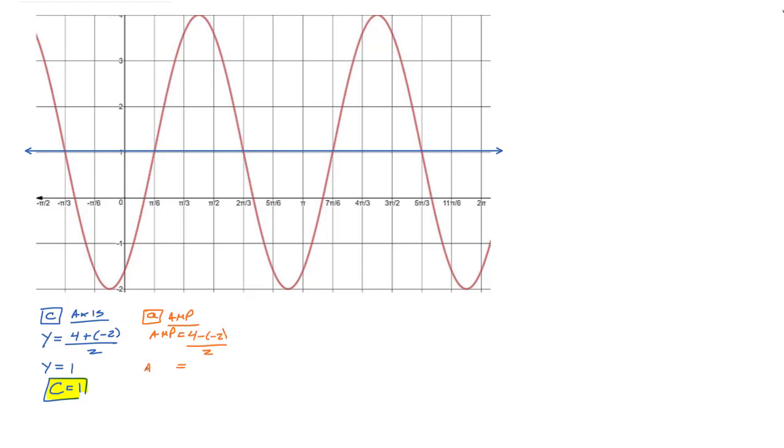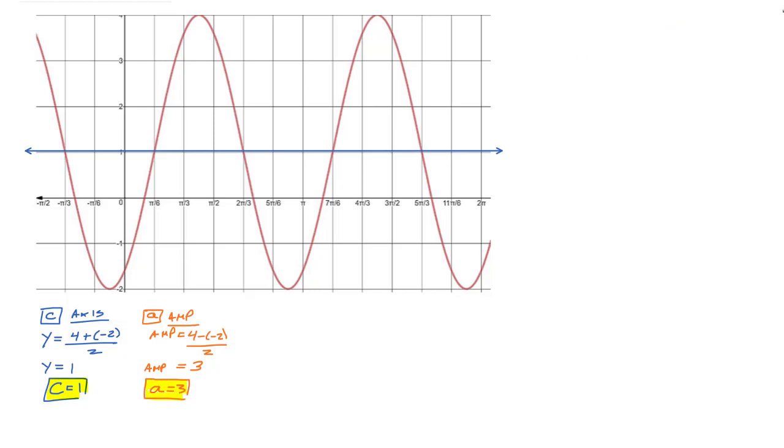So our amplitude is 4 plus 2, which is 6, divided by 2, which is 3, which means A is 3. I didn't talk about on the last one how we can make A negative, so maybe I'll show you on this one how you can do that if you would prefer to make A negative. All right, so there's our second piece of information. Those are pretty easy to find. Everyone should have no problem with that.